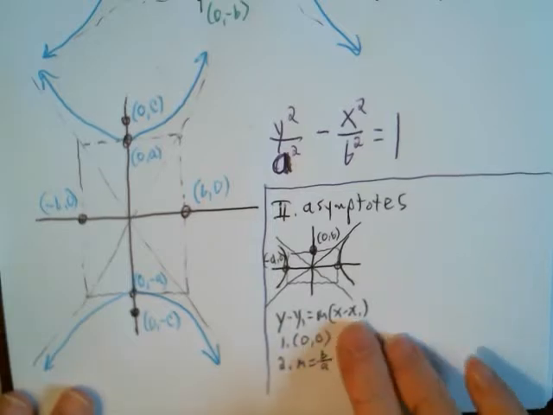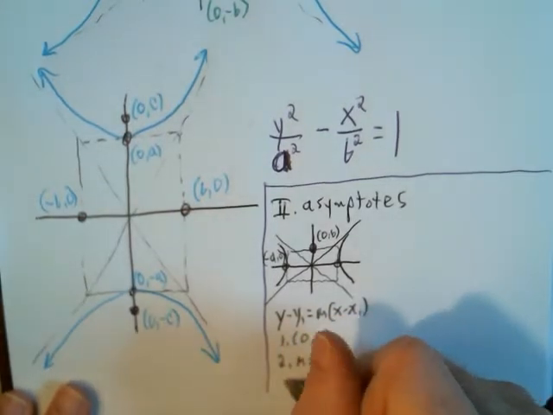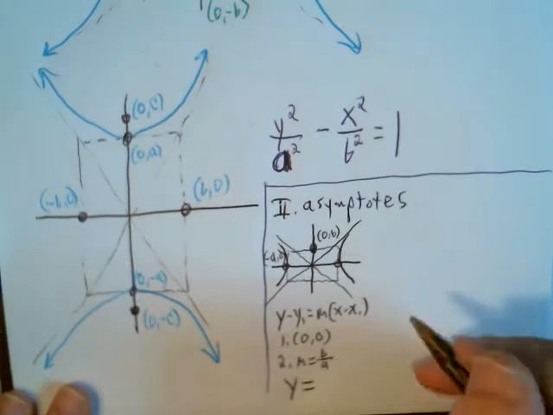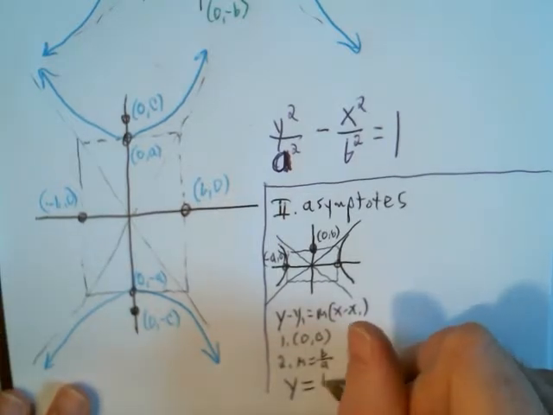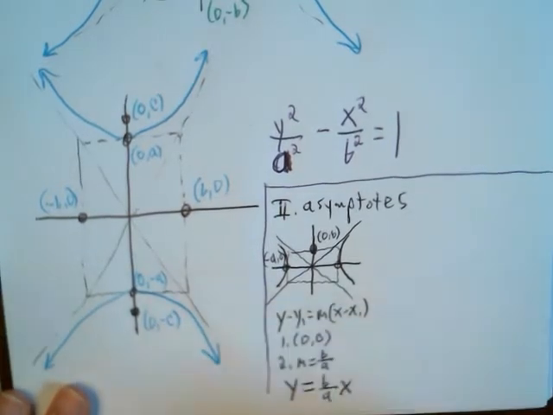Then you plug this information into the formula, and you get the first asymptote: y equals b over a times x. Technically it's y minus 0, which is just y, equals m, which is b over a, times x minus 0, which is just x.